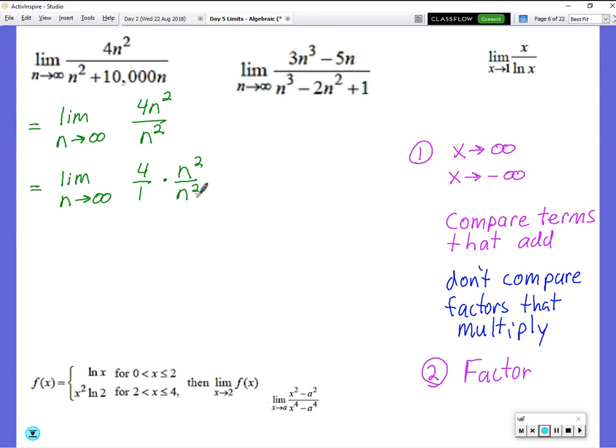So it doesn't matter how big n becomes, it appears the output's going to get really close to 4. And I'm done. That's it. I figured out that if the input grows forever, the output will get close to 4. Question. And that's what it means to solve a limit.